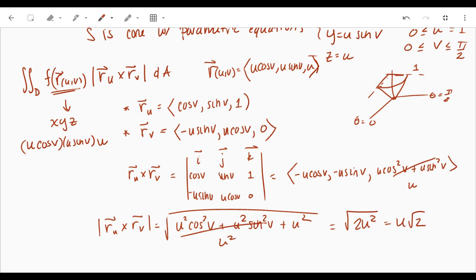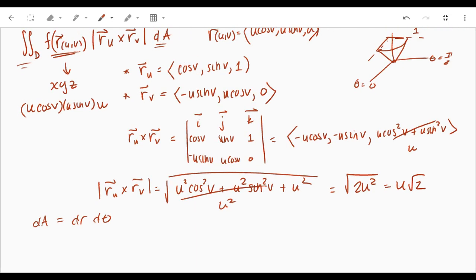Now, it should be clear that when we set up our integral, we want that dA to be polar, right? We want our dA to be a dr d theta, with r between 0 and 1 and theta between 0 and pi over 2. So we'll do our integral 0 to 1, integral 0 to pi over 2.